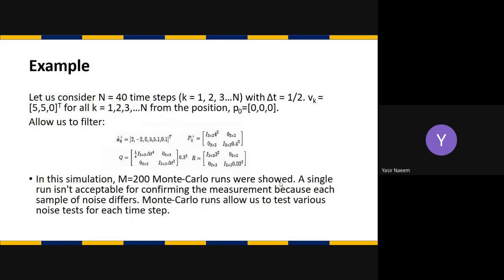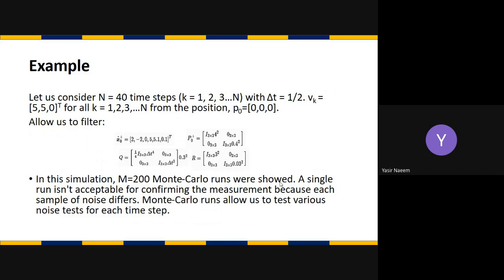Now I will tell you about how we simulated the navigation, speed and position of a vehicle. We use 40 time steps with a time step size of 0.5, and the initial location and initial speed are given on the screen, which is 5, and the position is 0, it is a vector.